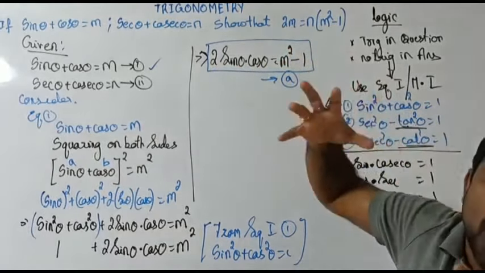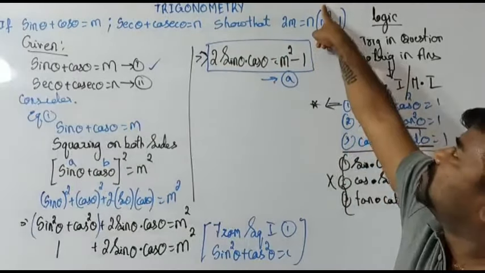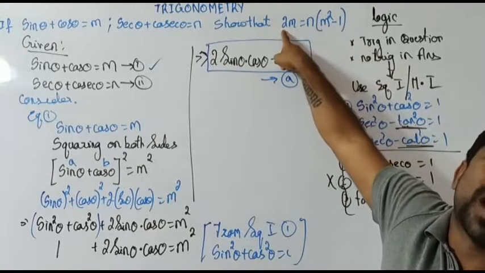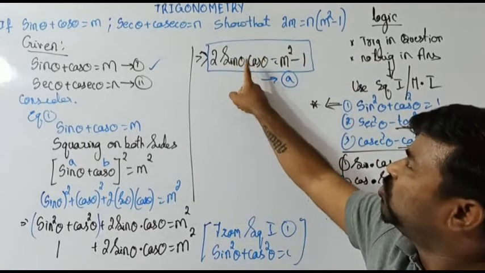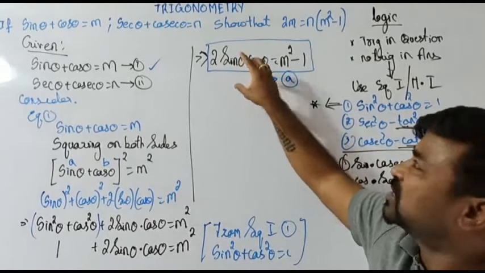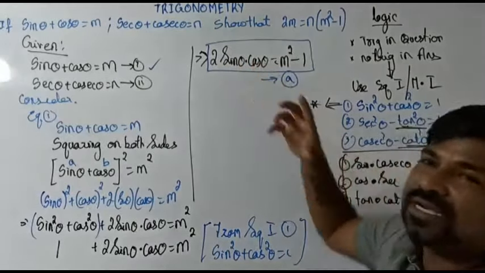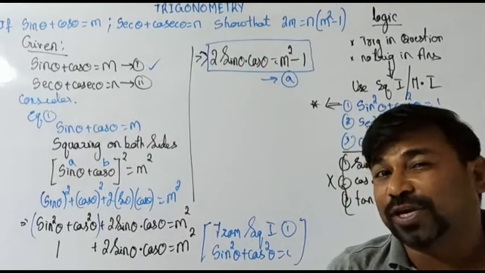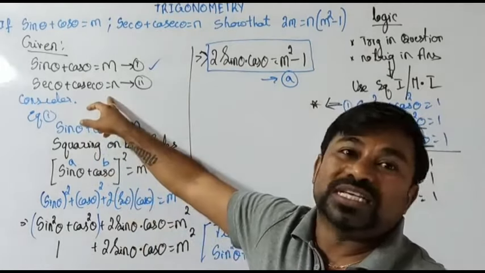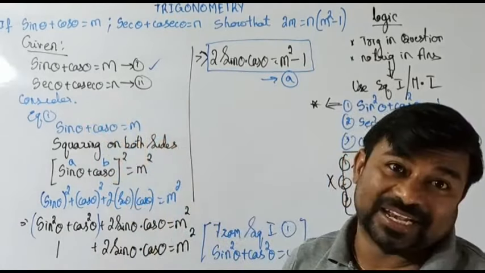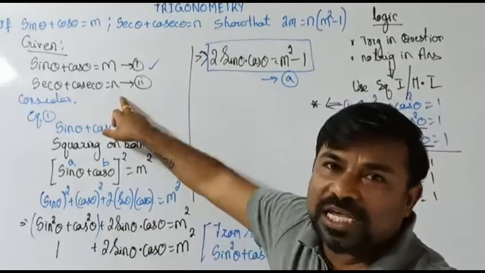If you check the required concept, we have reached m square minus 1 and also n is there. What else is needed? We like to eliminate sin theta into cos theta. What is sin theta into cos theta? We need to work on that. But you have to remember, we didn't use the second equation yet. So let's work on the second equation.